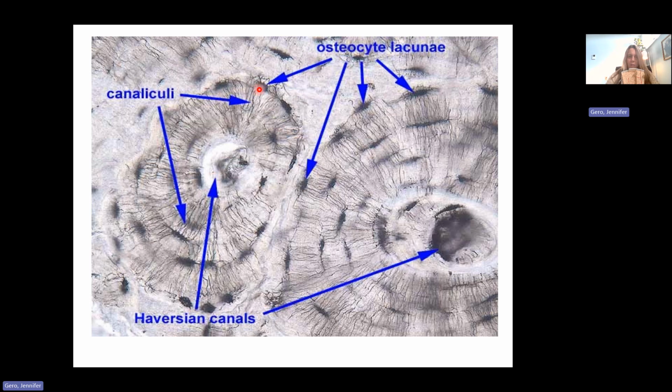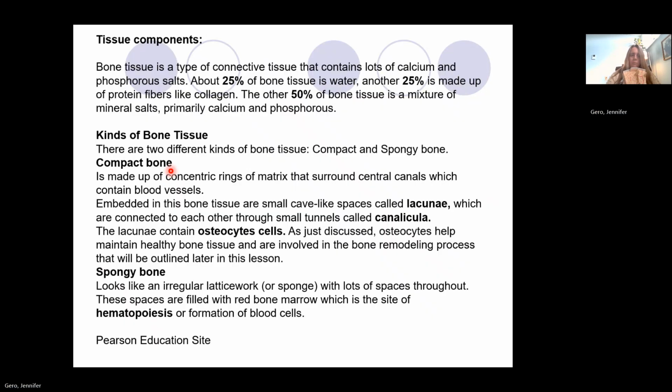These are the osteocytes, or the mature bone cells, that live in little rooms that are called lacunae. And then you can see these cytoplasmic extensions and they are called canaliculi. What you cannot see in this photo are the perforating or Volkmann's canals, like here, that are going to communicate from osteon to osteon.